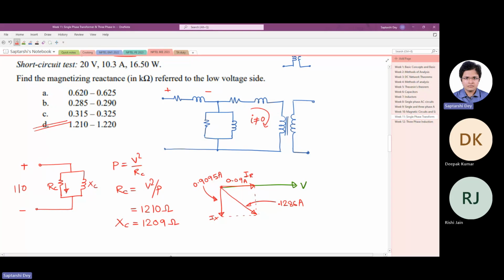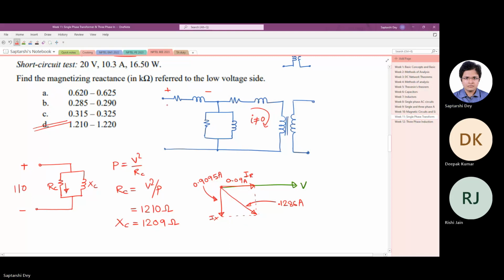Once again, you can do it from the low voltage side, but energy conservation law says that the low voltage side will have a high amount of current.